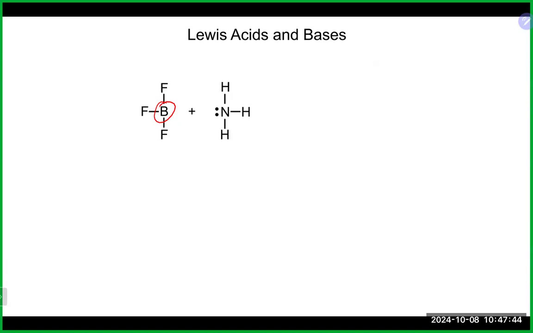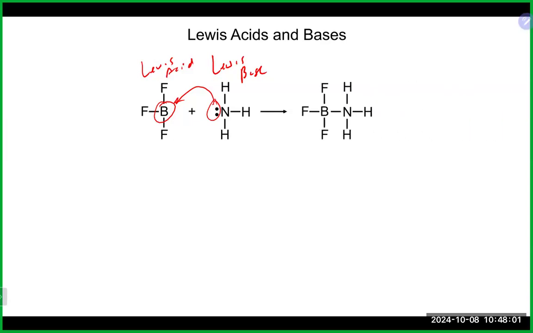So it's going to want to accept those electrons from the NH3, which would make this my Lewis base and my Lewis acid here. This is a nice example of how you could apply acid-base chemistry to something that does not involve hydrogen transfer.